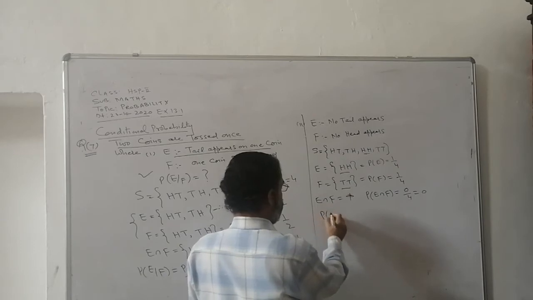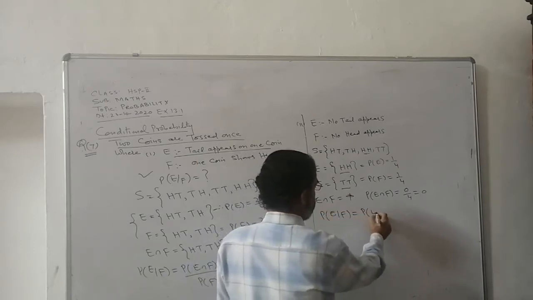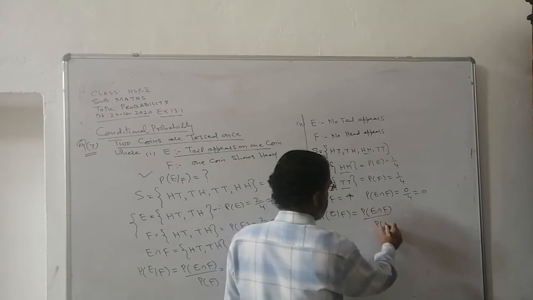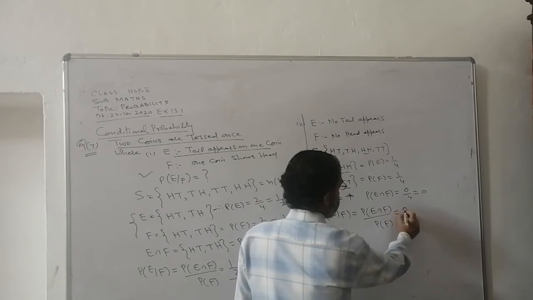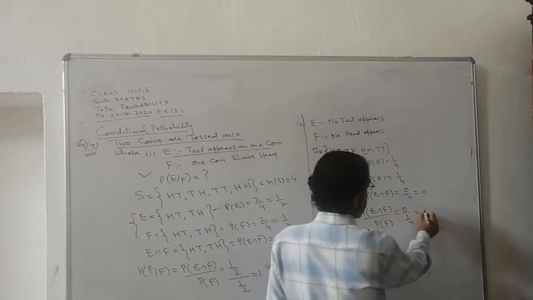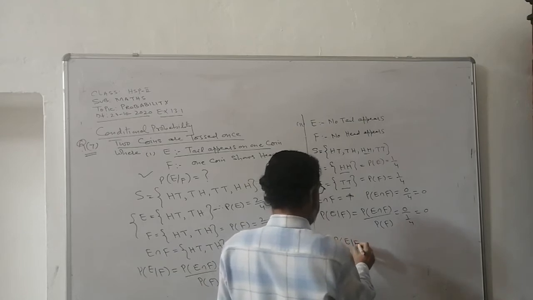So probability of E upon F in this case will be probability of E intersection F upon probability of F, that is 0 upon 1 upon 4, equal to 0. So probability of E upon F is 0.